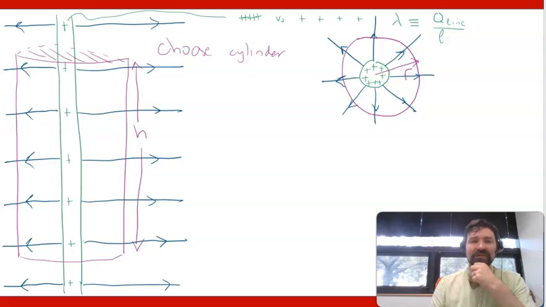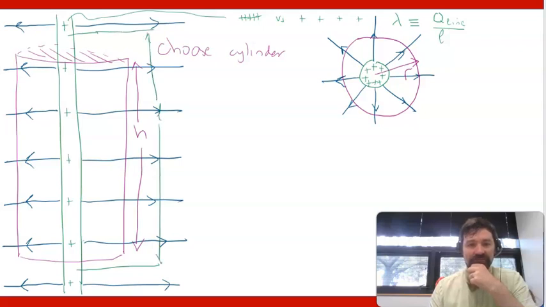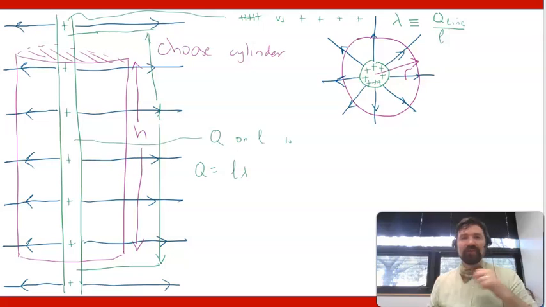So if I take a length of L for this line, so from here to here is L worth of the line, then the amount of charge between these 2 points, Q total, Q on L, is L lambda. Okay, now that's important because it lets us basically set up Gauss's law.